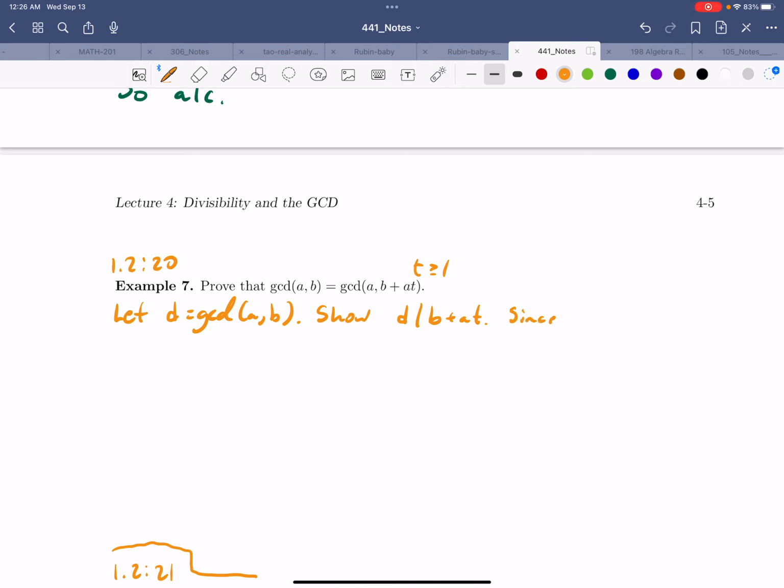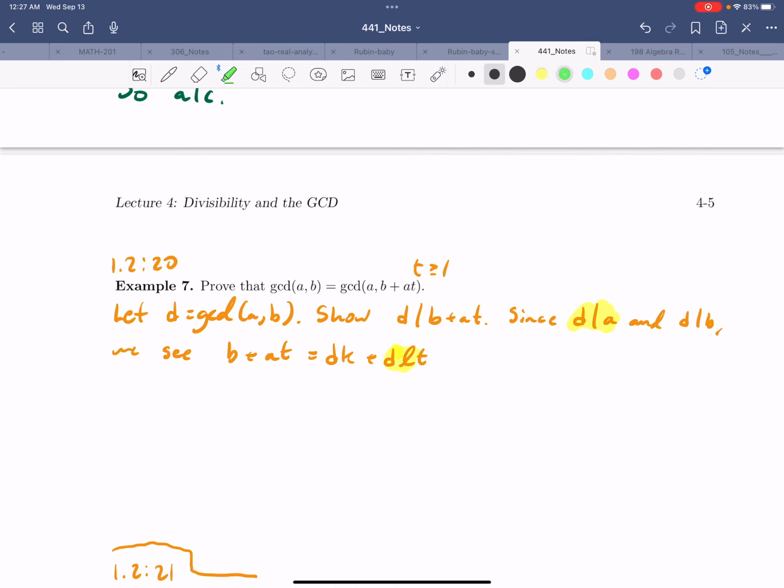Since D divides A and D divides B, we know that the following is true: B plus AT equals DK plus DLT. You see what we did right there? If we know that D divides A, then we can rewrite it like this.